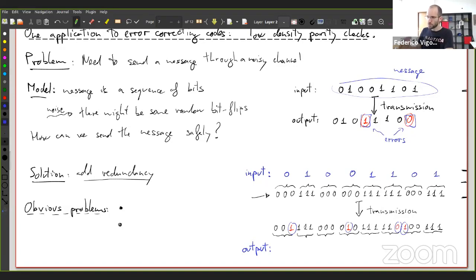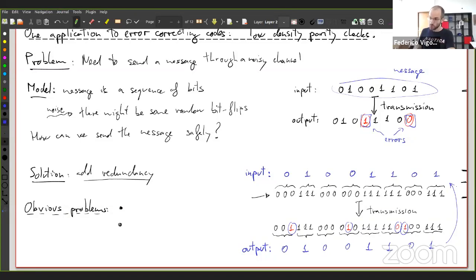But when you decode the message on the other side, you just use the majority rule. Here you have 0, 0, 1, so it is more likely to be a 0 than a 1, so this is probably a 0. These are all 1, so it must be 1. And again 0, 1. I actually recovered the correct message in this case, so this protocol did work.